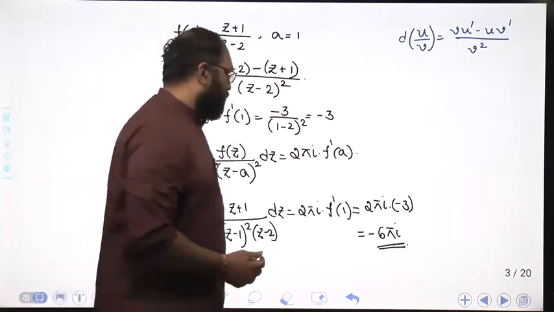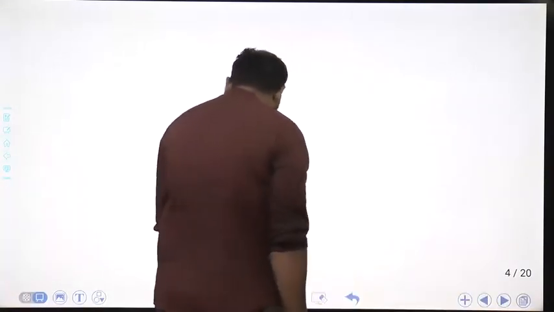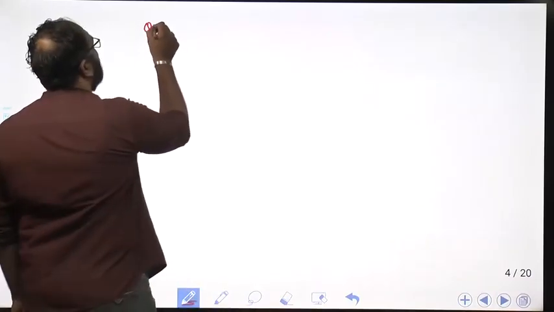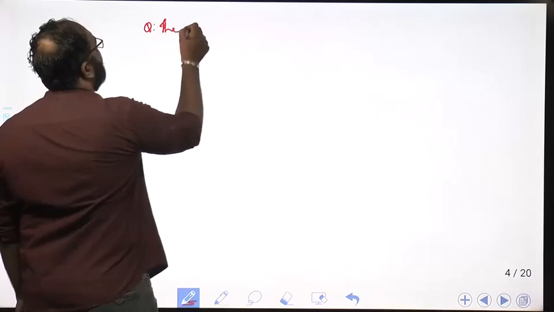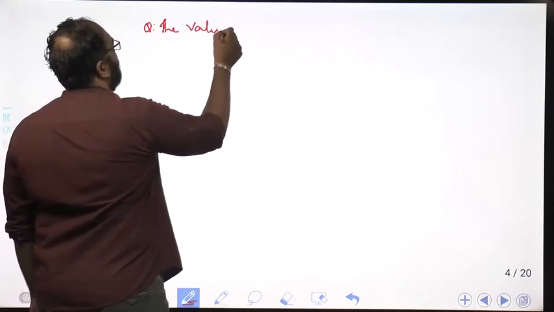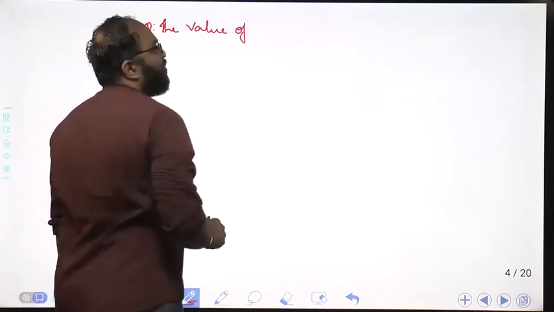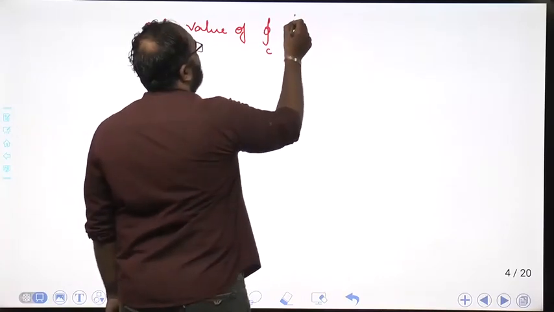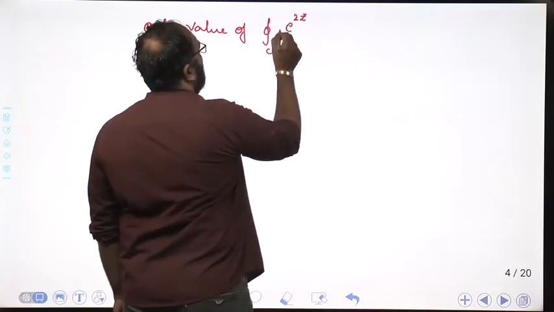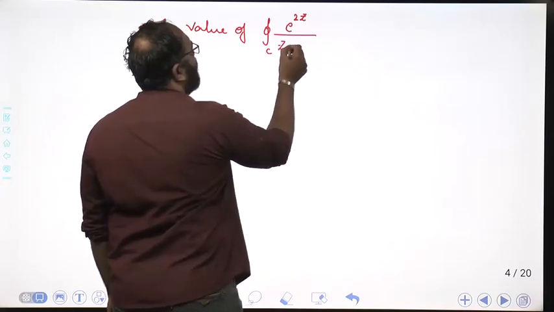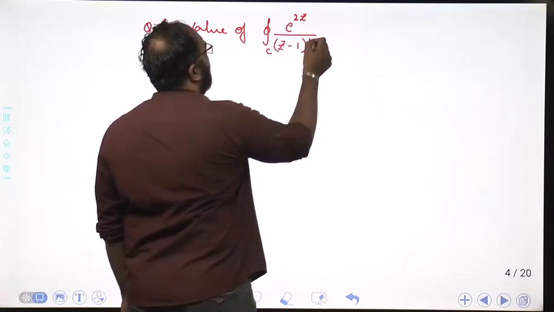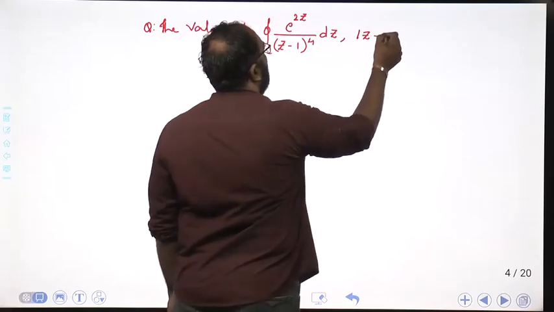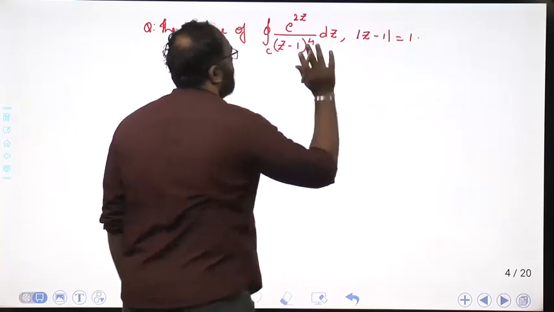Clear? So now, in the same way, let us say if he is asking us to find the value of the integral over c e to the power 2z by z minus 1 whole to the power 4 dz, where c is the circle mod z minus 1 is equal to 1.